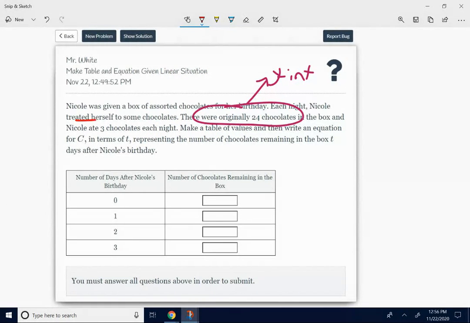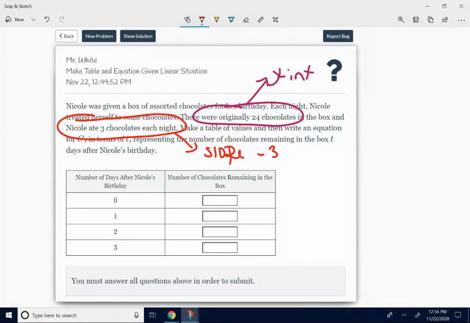She ate 3 chocolates every night. That's the slope. Now it's negative because the amount of chocolates she has is decreasing. But I just wanted you to see that you can find the slope and the y-intercept, if you really think about what they mean, by looking at the sentences.